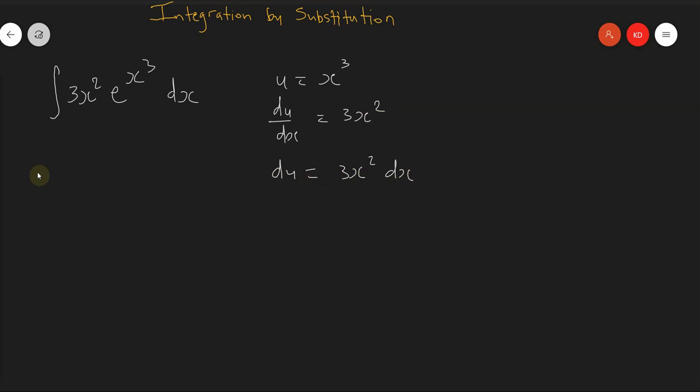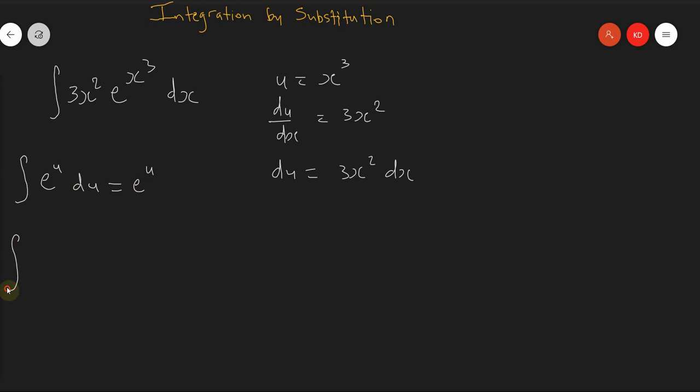Now we can see that that tidies up this problem, and we would just have e to the u du, because 3x squared dx would just be substituted for du. Now the integral of e to the u is simply e to the u.